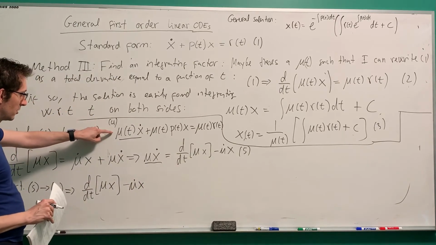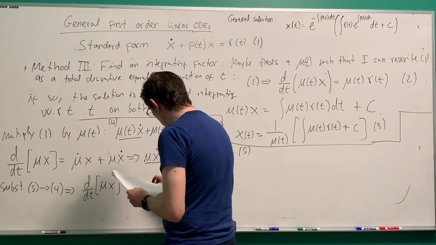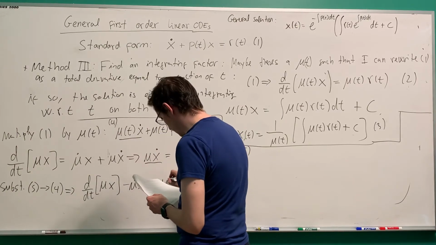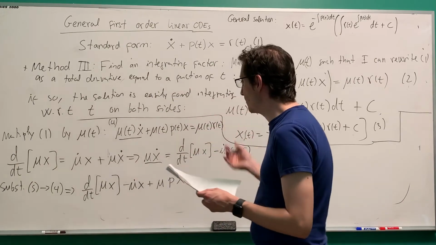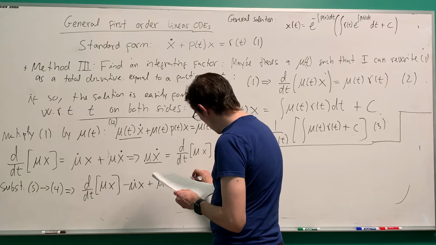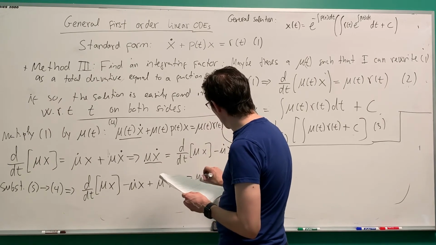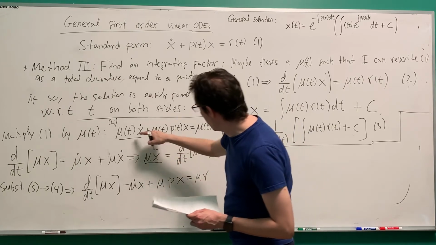That is this term, that I substituted by this, plus mu p x. I'm not writing the dependence on t because everything here depends on t. Equals mu r. I just copy. This is literally this one, this is this one, and this is this one.